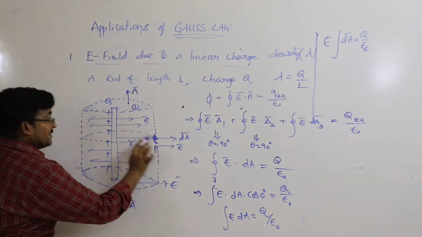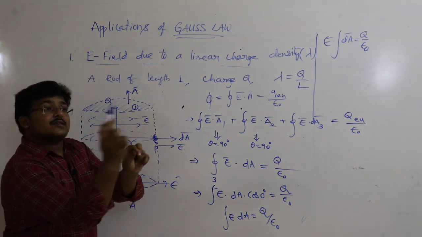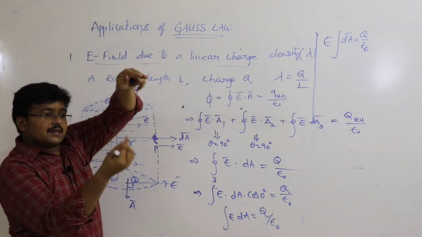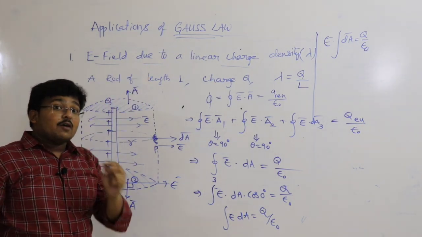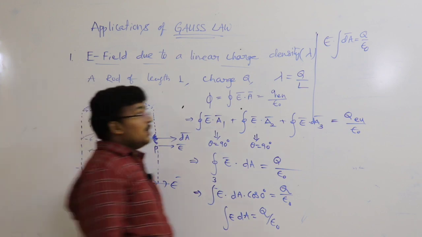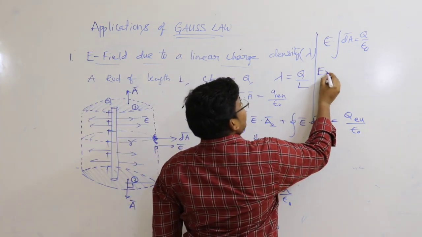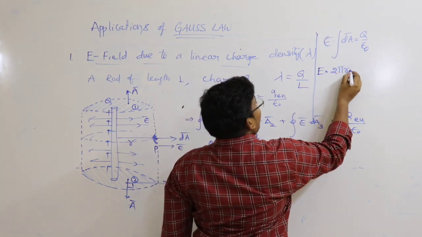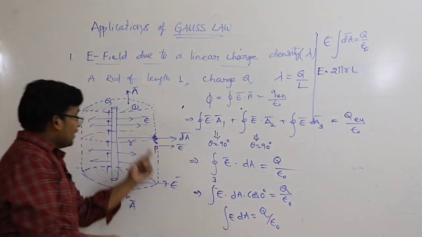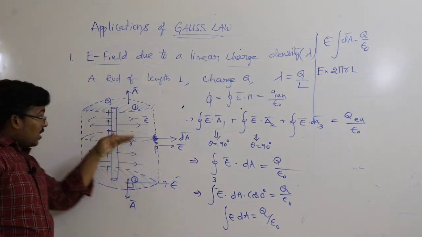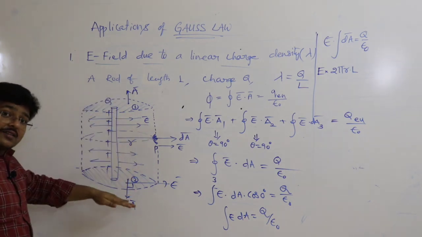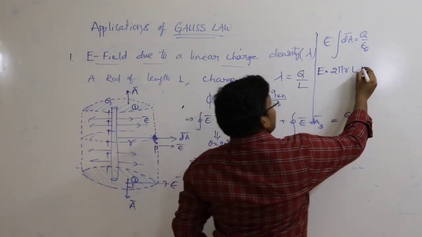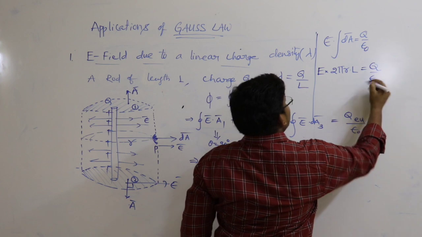See, like these circles, how many circles are there? L length. So this circle, this circle, this circle. So the area of the entire curved surface is 2 pi r into L, because the length of this circle is 2 pi r. How many circles are there? L times. That is why E times 2 pi r L is equal to charge by epsilon naught.